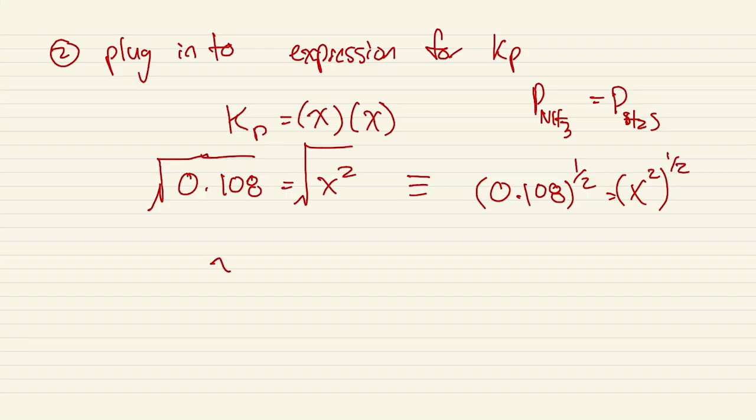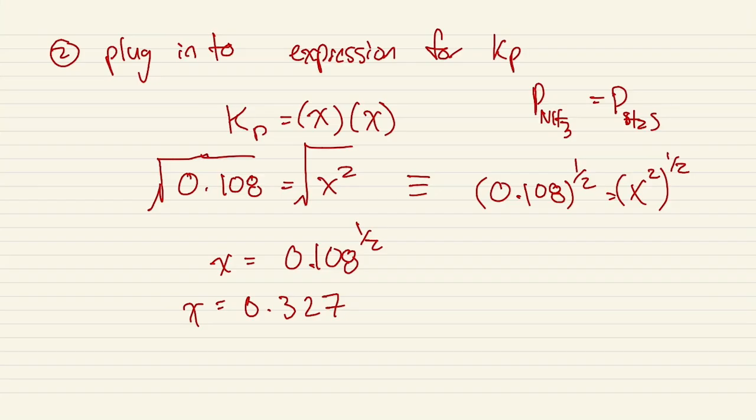And so we get X is equal to 0.108 to the power 1/2. 0.108 square root. So we get X is equal to 0.327. And what would the units of this be?